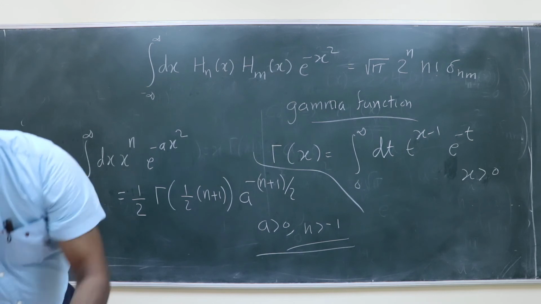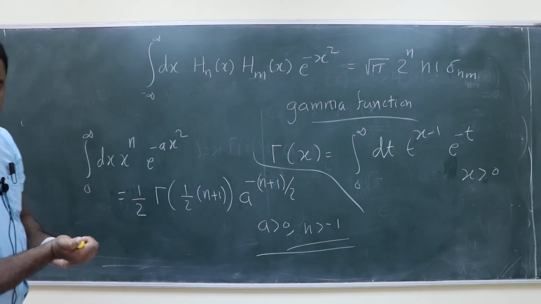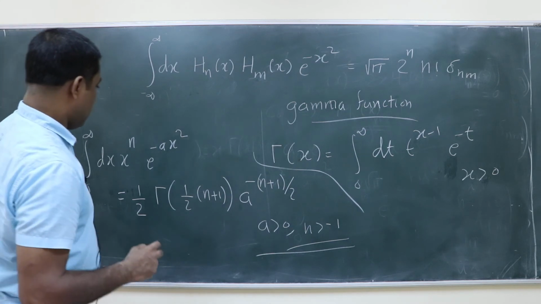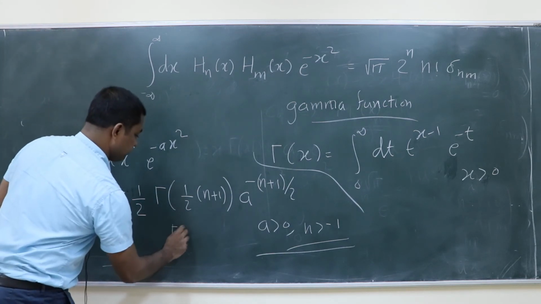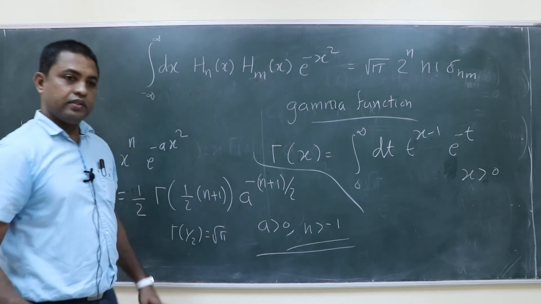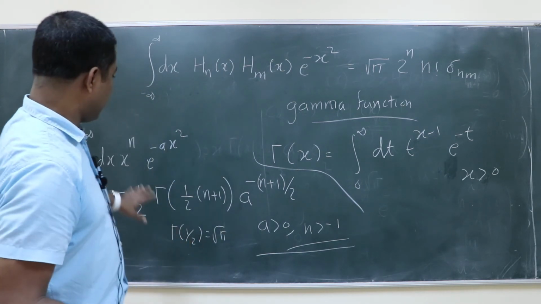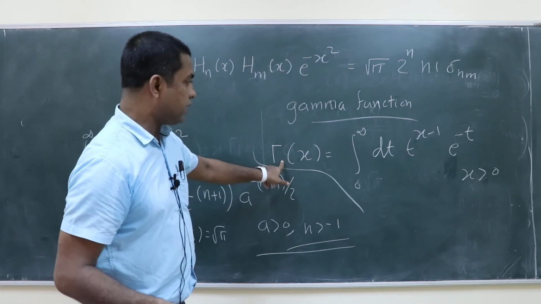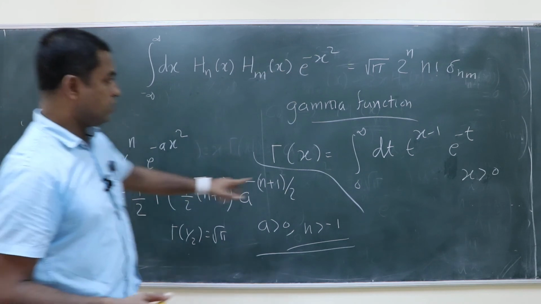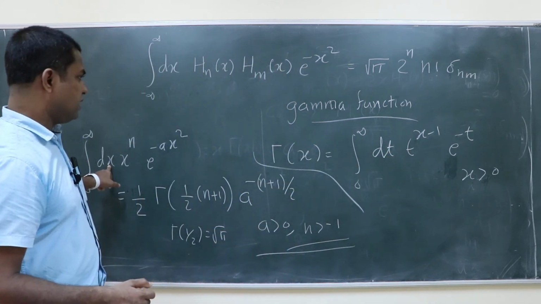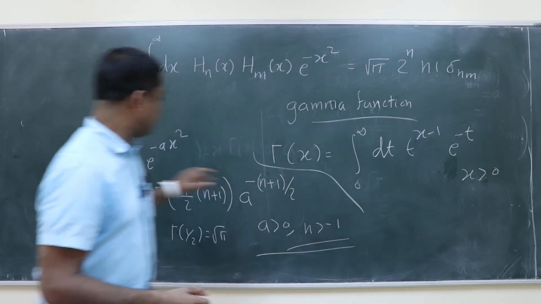Okay. And how do we get this relation? To derive it, you have the gamma relation here. You see, this integration is in x, so you just compare this one with this.